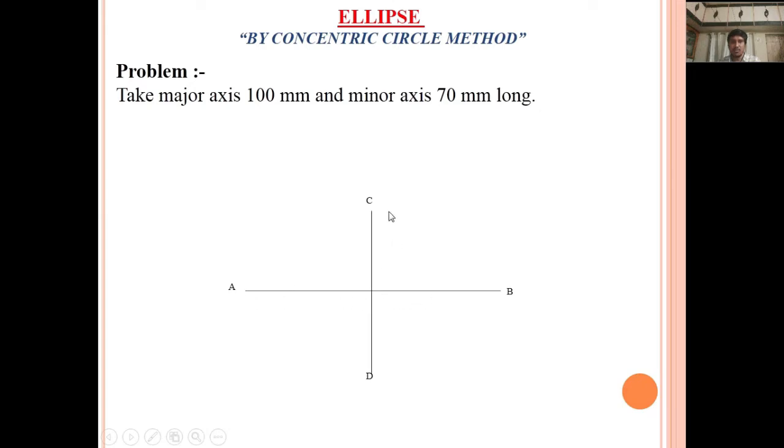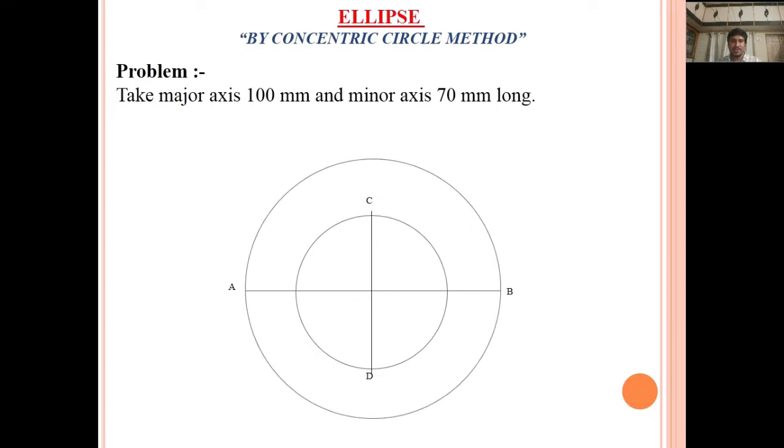OA and OC. With the use of this center point O, with radius equal to OA, draw one circle. Another circle: with center O, draw a circle with the use of radius OC, like this. This is the first radius OC.